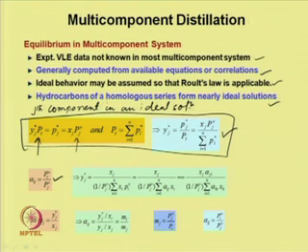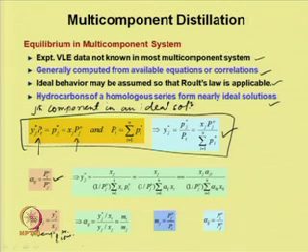For multi-component systems, generally the equilibrium data is defined in terms of the distribution coefficients. For component j, m j is the distribution coefficient, which is equal to y j star divided by x j, and this m j also depends on temperature, pressure and compositions of the mixture.